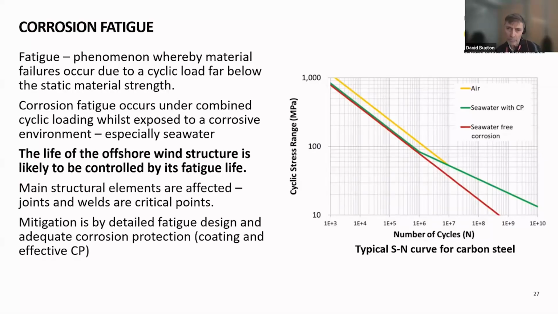And so, if you've designed with CP applied and assumed maybe a 20-year design life, if the CP isn't adequate and you're getting free corrosion, then you might be at a fatigue life of maybe only a few years. So clearly it's important to have a detailed fatigue design for the structure with adequate corrosion protection.